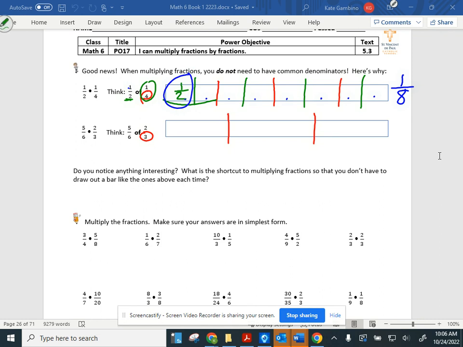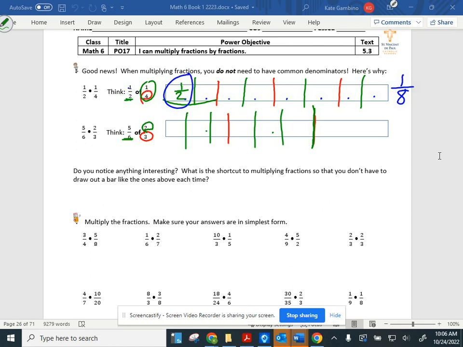So if I have my thirds, I'm going to break okay. So if we have 2/3, that goes to here. 1, 2. So our 2/3 goes to here. So we are wanting to break those 2/3 into 6. So I'm going to break this into 6 sections.